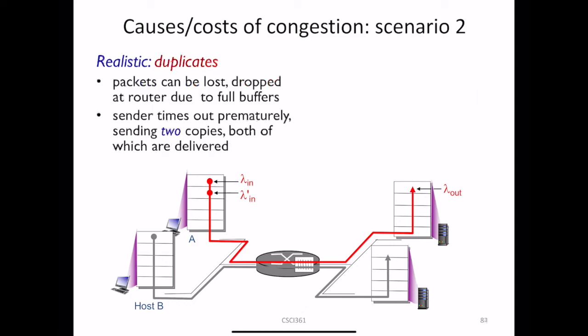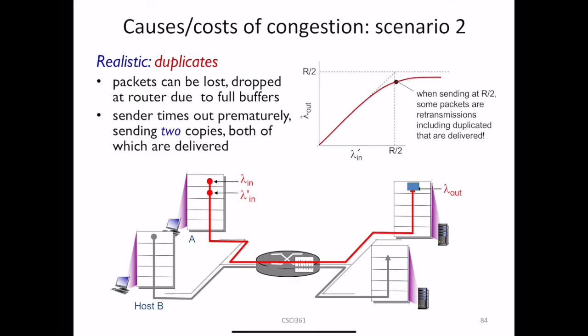But realistically there may be some duplicated packets received by the receiver, especially when a timeout happens. That means the receiver will receive two copies of the same data.